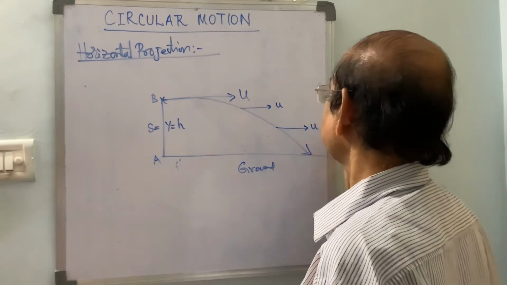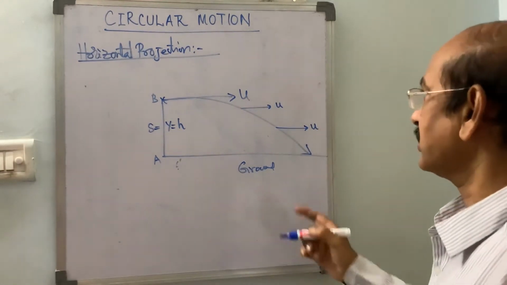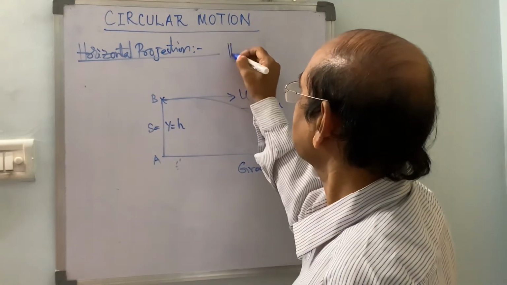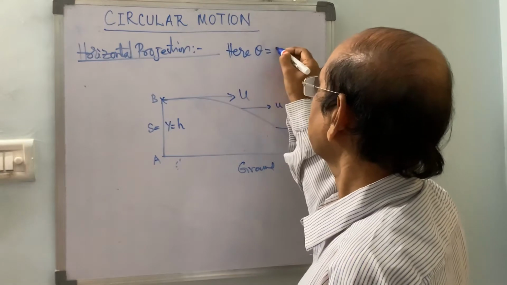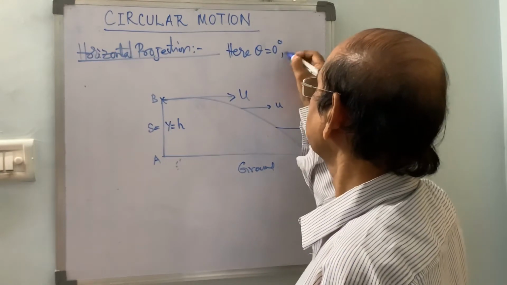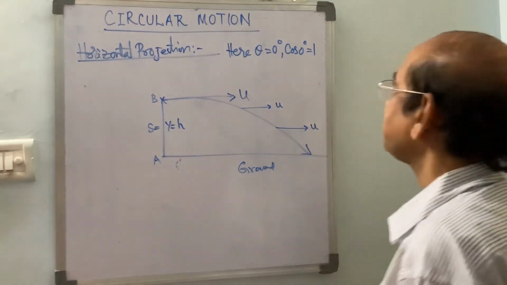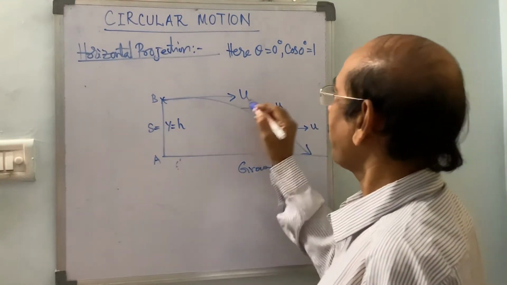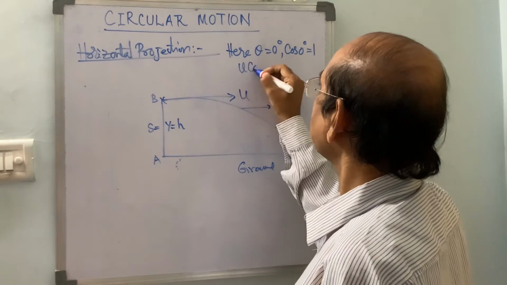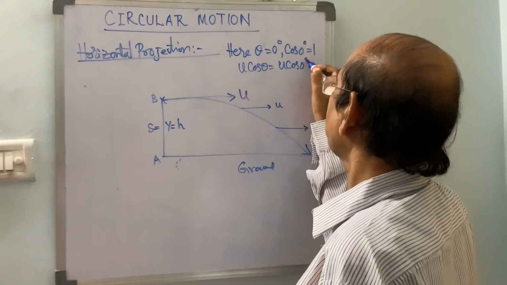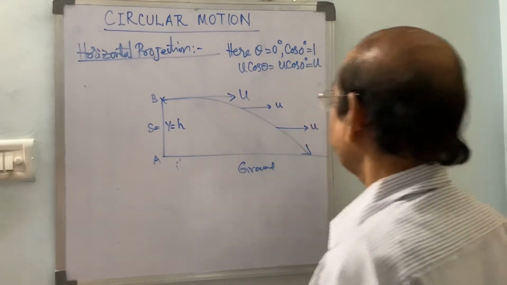Due to this, horizontal component of velocity u cos theta, angle of projection is 0, therefore cos 0 is 1, therefore u cos theta is also equal to u.